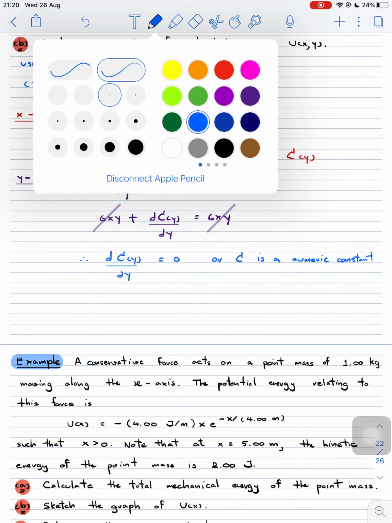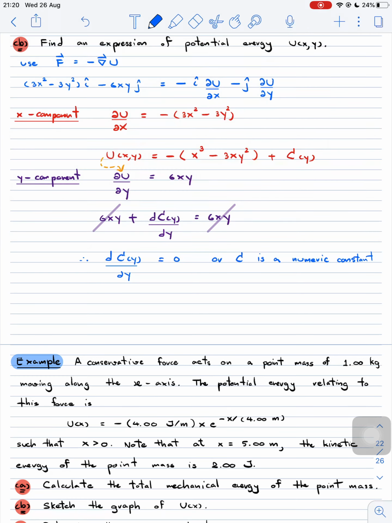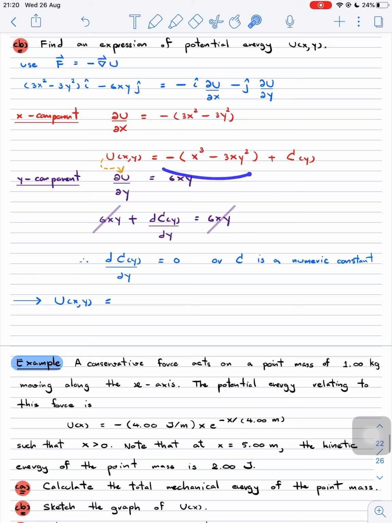So then for the conclusion, you can see that u, depending on x and y, is going to be equal to this function. So we have the negative of x cubed and minus 3xy squared, and then plus c, which is the constant c.